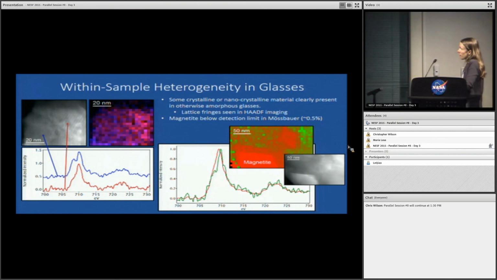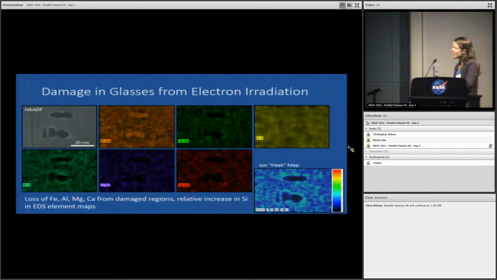In other regions, I find very small grains. These happen to be magnetite. There are very fine lattice fringes around here, but we can map out and pick out even these subtle differences in the sample, which were not seen in Mössbauer of these samples, but we do pick them up with the EELS.